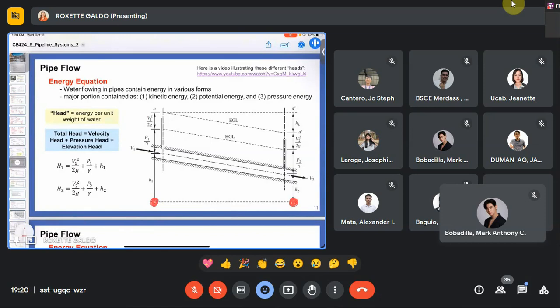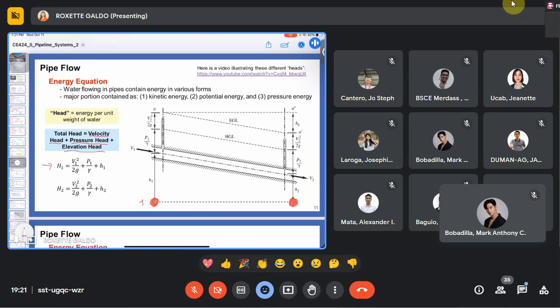So the energy at point 1 will be equal to the total energy or the total head. Total head will be equal to the velocity head plus the pressure head plus the elevation head. Now it can be expressed by this equation.